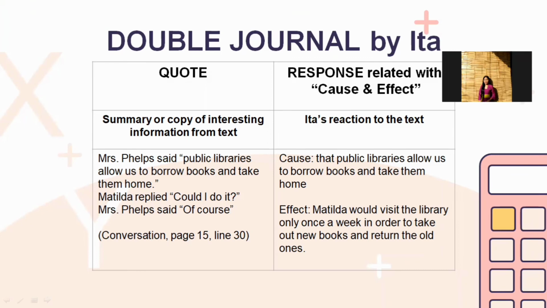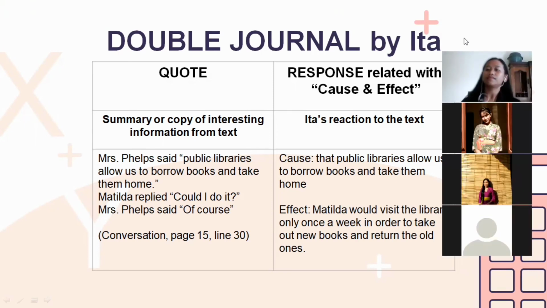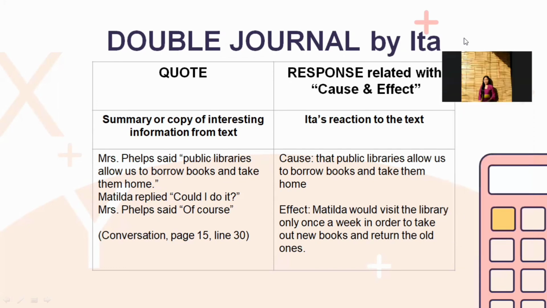So, a double journal by me. The quote is: Miss Phil said public libraries allow us to borrow books and take them home. Matilda replied, could I do that? Miss Phil said, of course. It is the conversation on page 15, line 30.